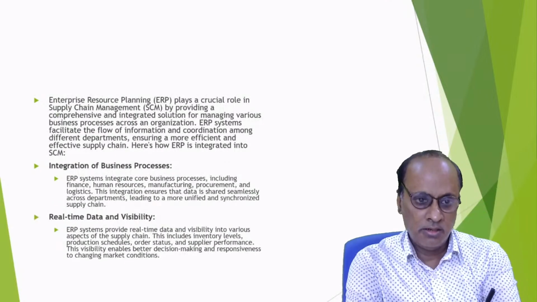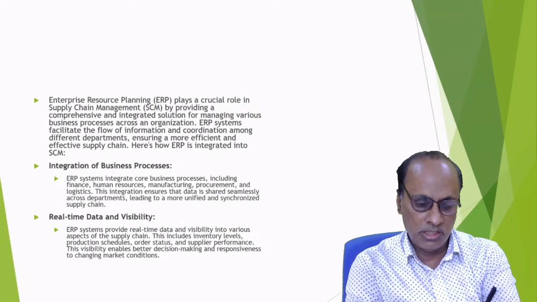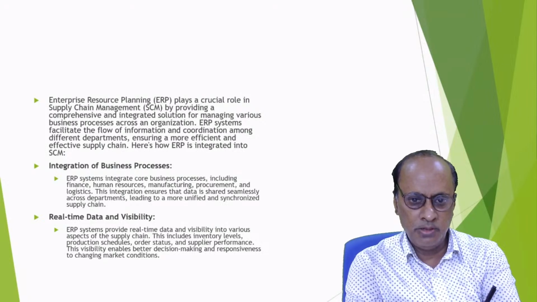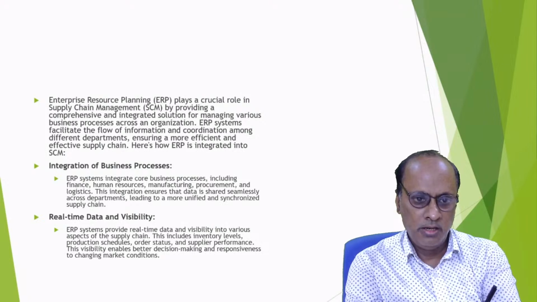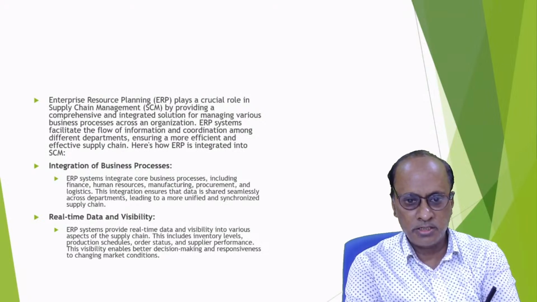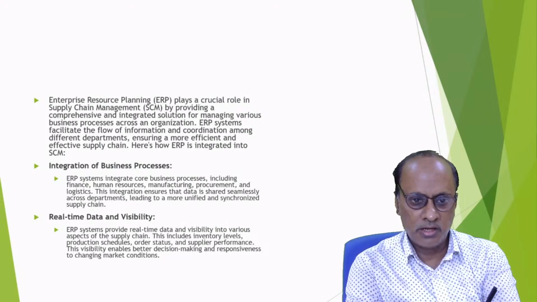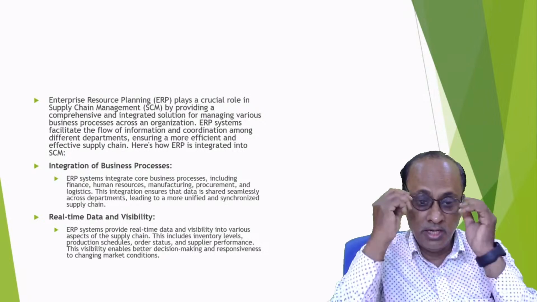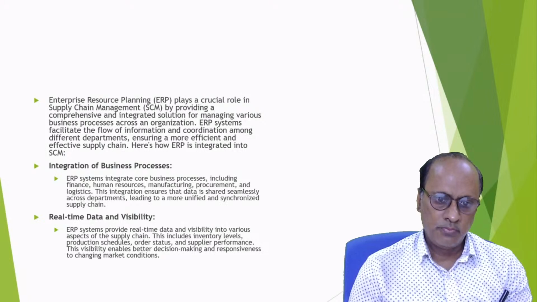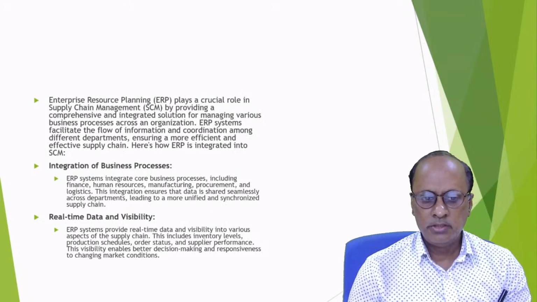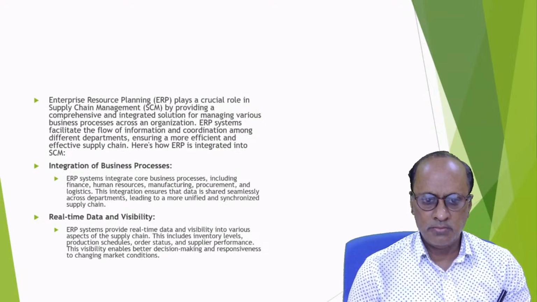Yes. Then comes your next important growth in supply chain management, which is ERP. ERP plays a crucial role in supply chain management by providing comprehensive and integrated solutions for managing various business processes across an organization. ERP systems facilitate the flow of information and coordination among different departments, ensuring a more efficient and effective supply chain.